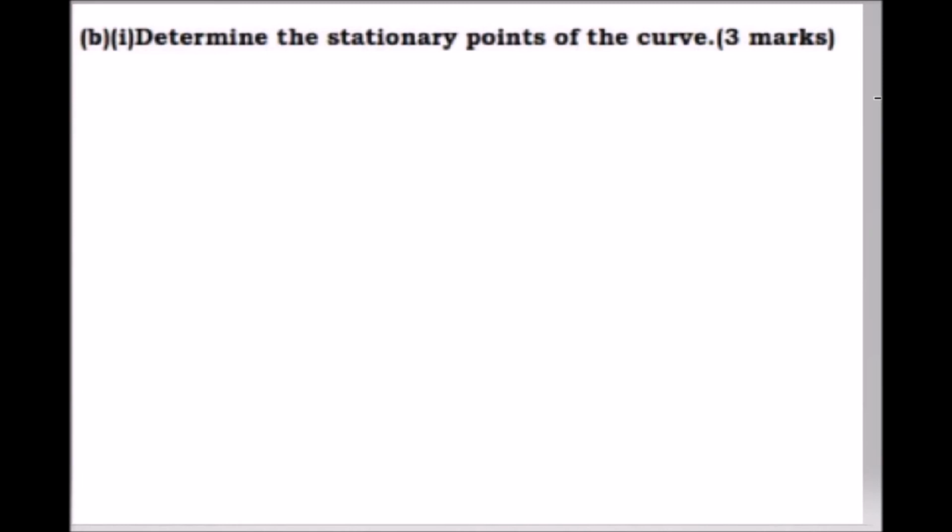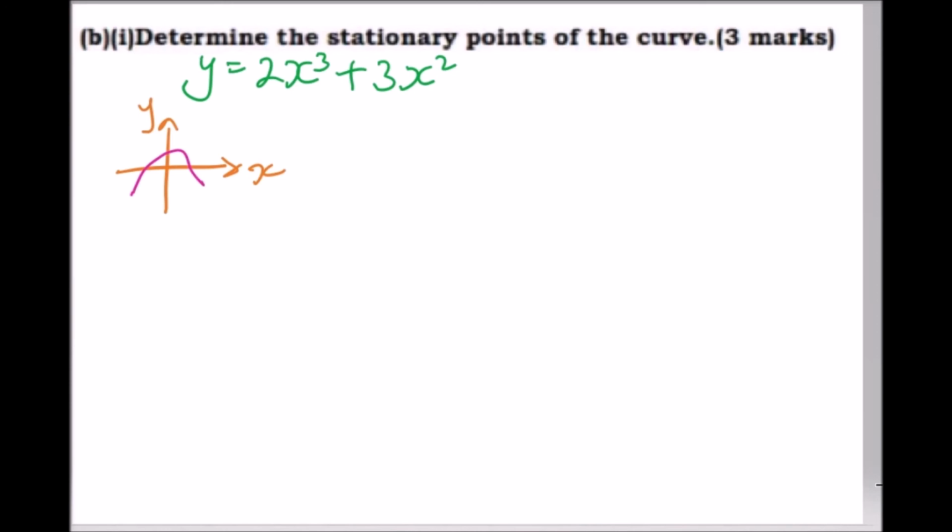Part B, Roman number 1, we are told to determine the stationary points of the curve. Remember, our curve was y equals 2x cubed plus 3x squared. First of all, we must understand the stationary point is where the turning points are. If this is our y-axis and this is our x-axis, and our graph looks like this, this is the turning point.